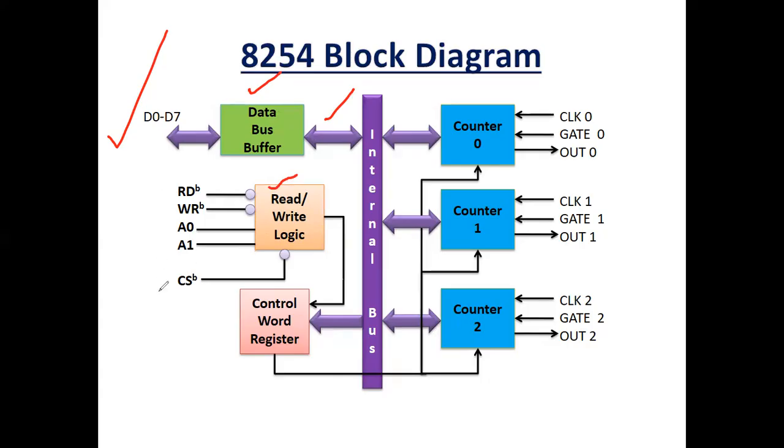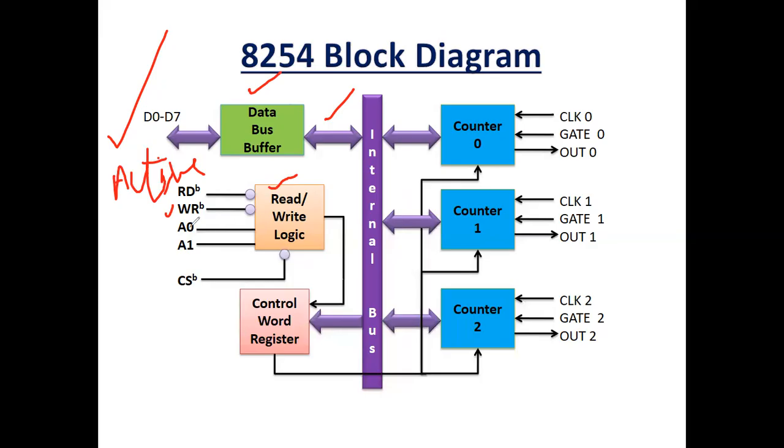It has 5 signals, 5 pins. RD is for read, WR is for write. Both are active low signals.